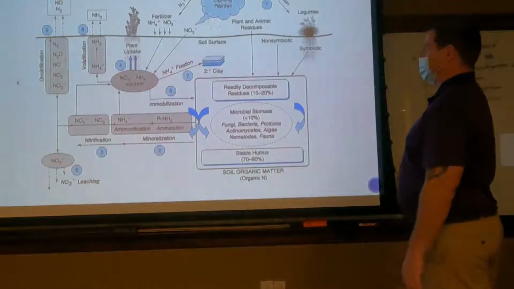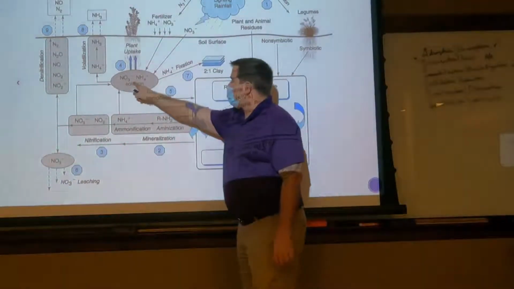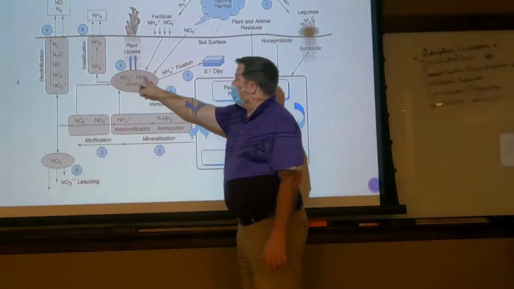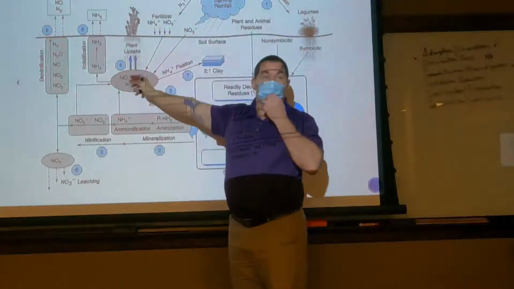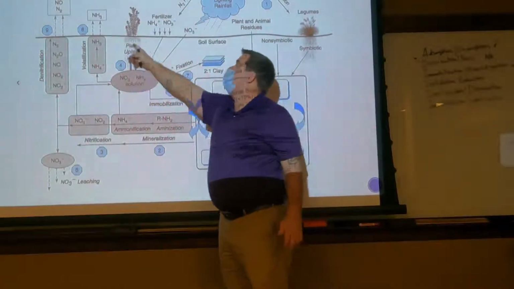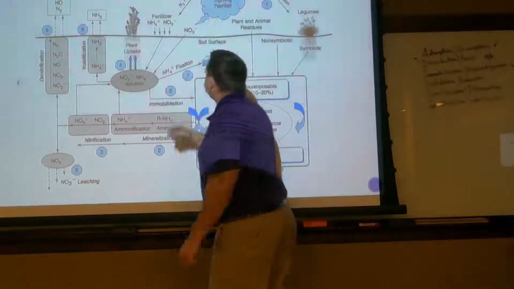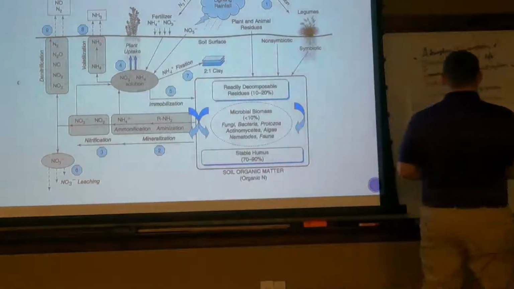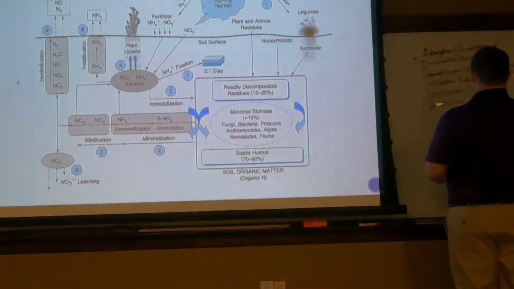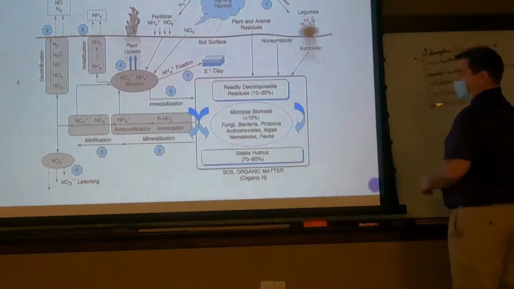Okay, next. Here we have ammonium and nitrate in the soil solution that is held to our CEC and AEC, and it will be taken up by the plant. Okay? Where else are we at? Complexation and dissociation I'll get to because that's going to be tied in with oxidation and reduction.